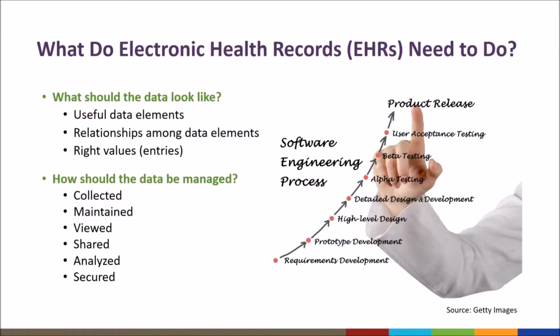That means we had to decide what the most important data elements are, how to model the relationships among them, and what the possible standardized entries could be. We also had to think about the data needed to be managed by the health IT system, and what were the ways they could be collected, how they needed to be maintained, when and where they needed to be easily accessed or shown to a system user or included in a data sharing transaction, how they might be analyzed, and what the needs were as far as security in the EHRs.